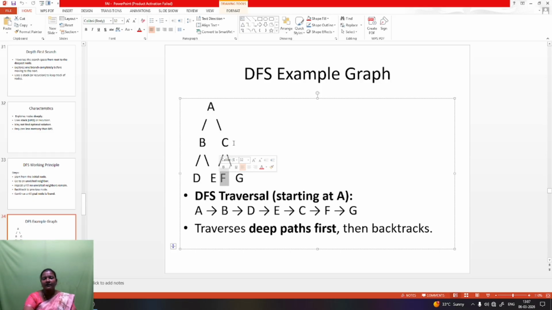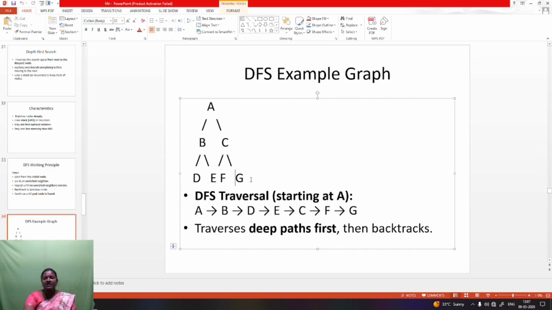So now after backtracking we are at node C. Here we check if there are any unvisited children of C. Yes, one unvisited child G is there, so we visit G and put G in the stack.